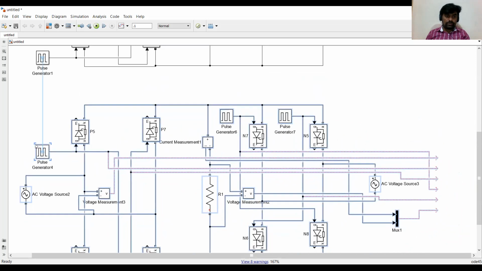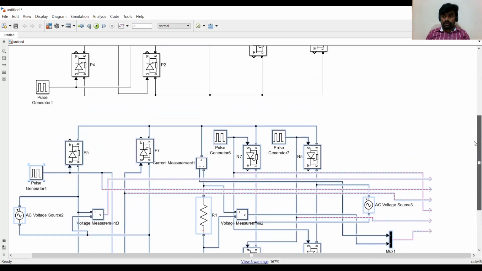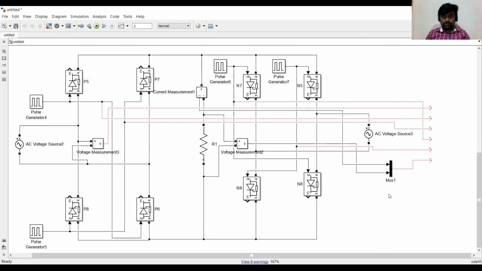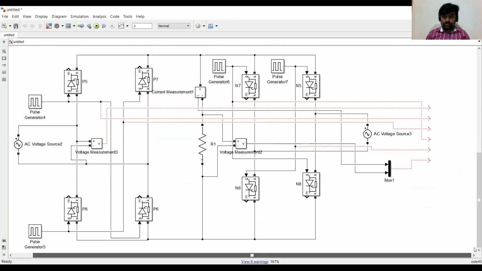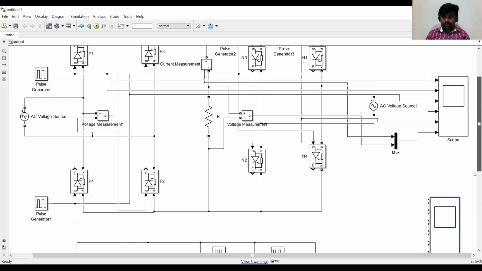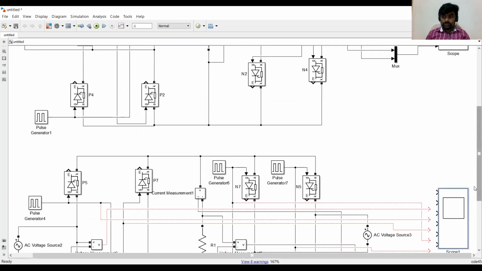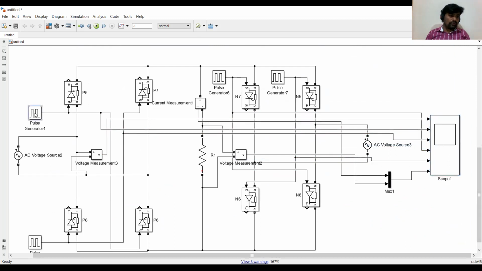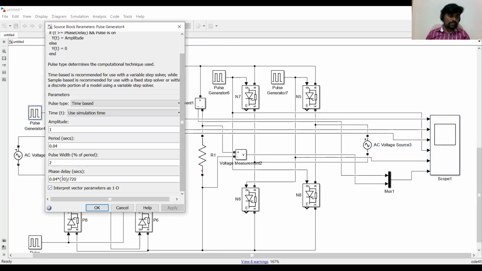Okay, now I will place the scope also here. Right. So now this scope will show the wave shapes at alpha 60 degrees.